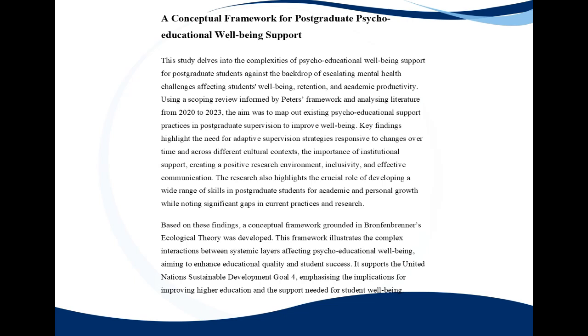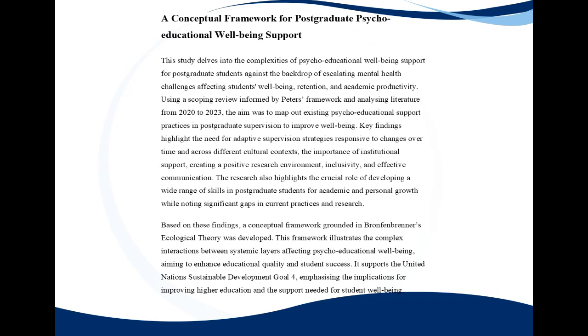So we analyzed the articles that we decided on eventually, and we had our findings at the end of the scoping review. But what we then did is that we developed a conceptual framework. So based on the findings of the scoping review, we actually did 2 things.